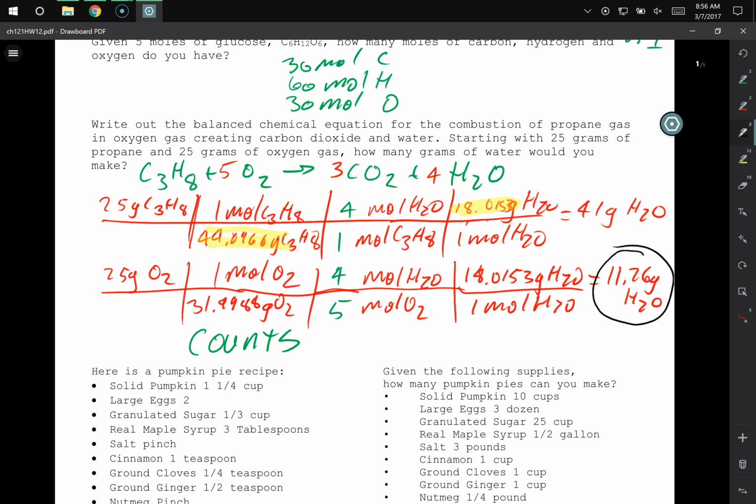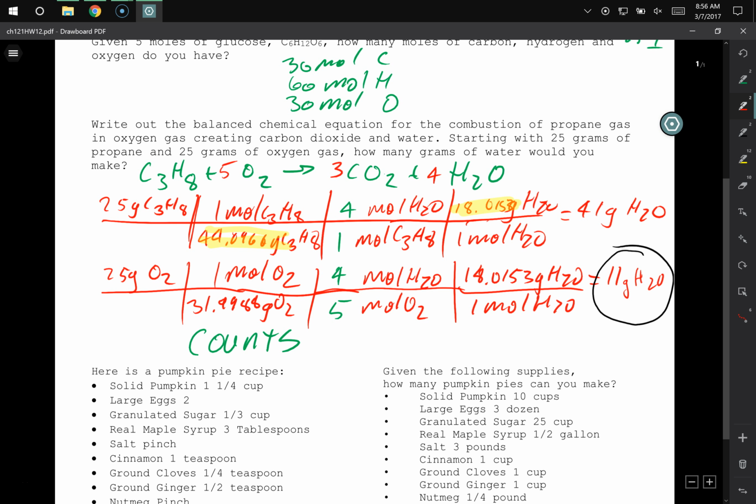And I know that because what I'm saying is, if I started with 25 grams of oxygen and I had plenty of propane, I can only make 11.26 grams. Actually, I should just change that to 11, since it's only 2 sig figs. I can make 11 grams of water.